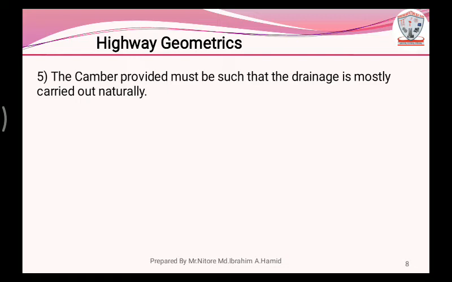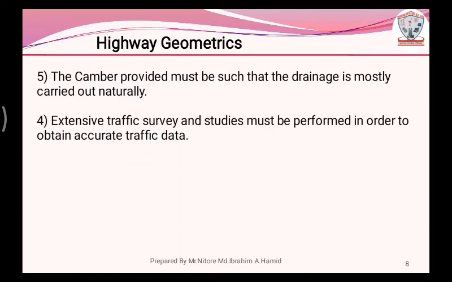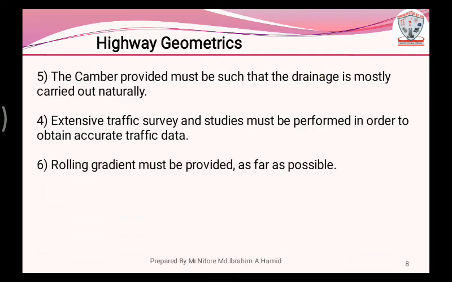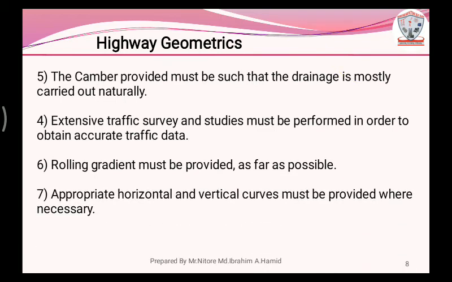Fifth, the camber provided must be such that the drainage is carried out naturally. Extensive traffic survey and studies must be performed in order to obtain accurate traffic data. Sixth, rolling gradient must be provided as far as possible. Seventh, appropriate horizontal and vertical curves must be provided where necessary.